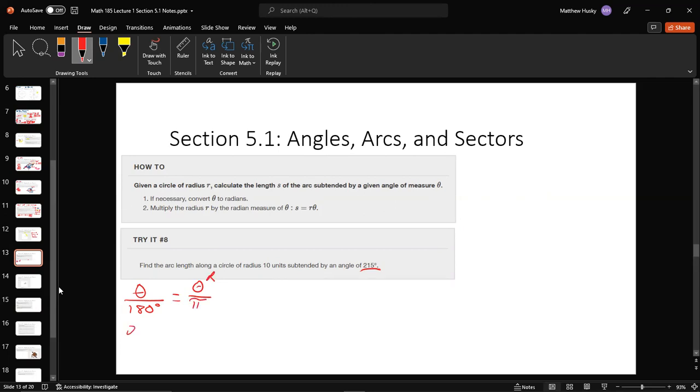So if this is 215, we're going to do 215 divided by 180. That equals theta r over pi. If we do 215 divided by 180, that is equivalent to 1.1944 repeating.